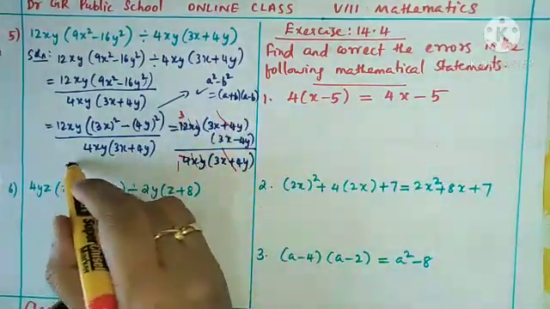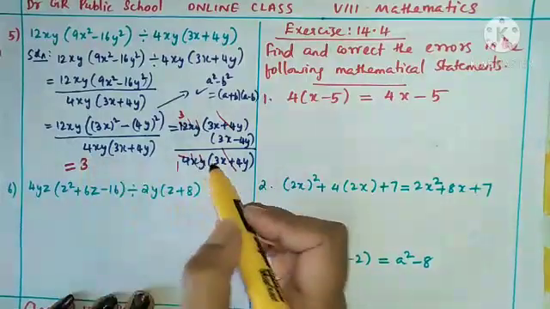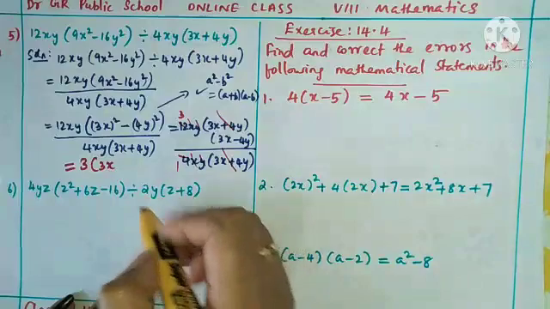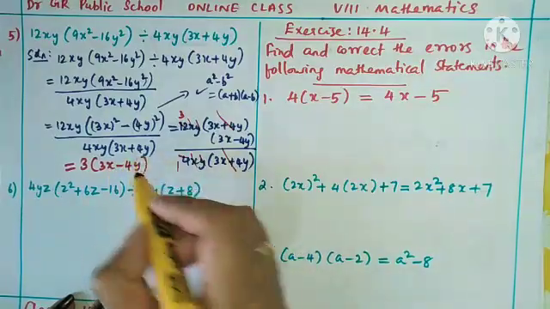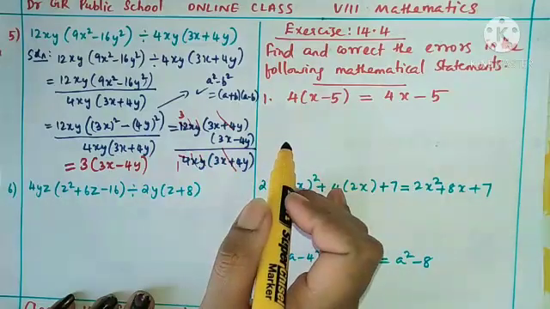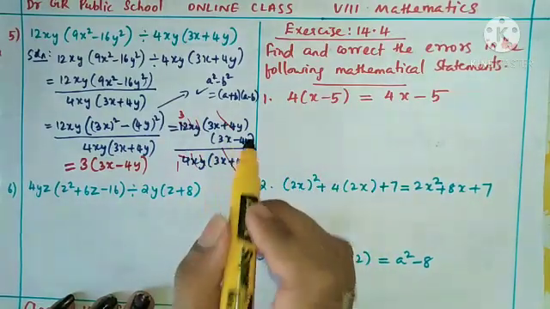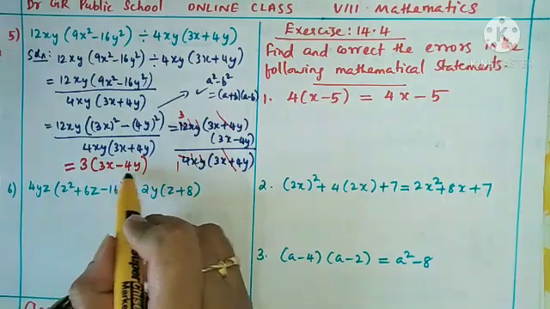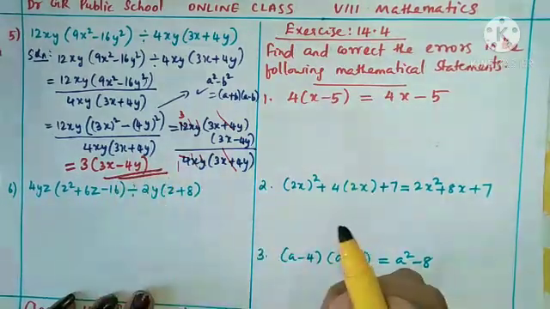So what is the remaining? 3 is there, and numerator 3x minus 4y, and denominator no numbers. Denominator no numbers means that is equal to 1. Okay, so the answer is 3 into 3x minus 4y.